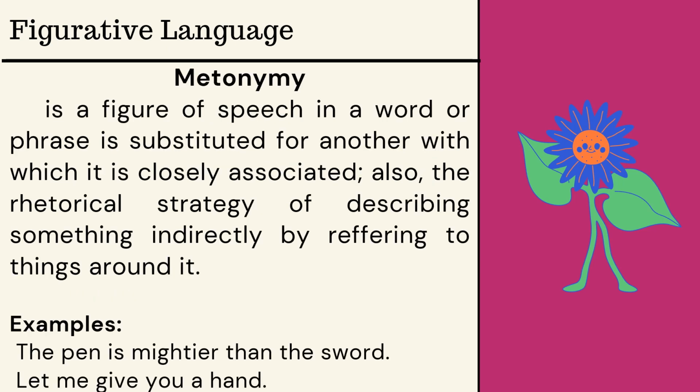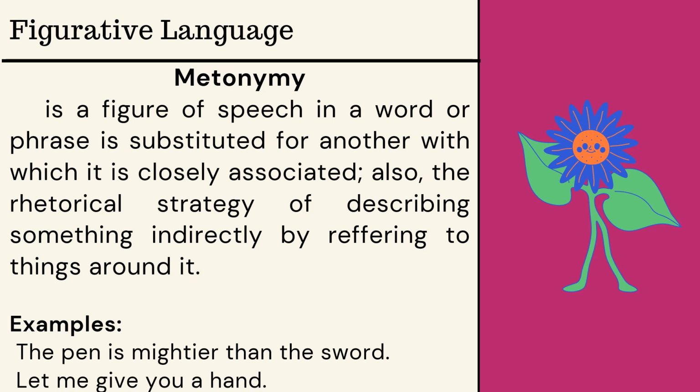Metonymy, on the other hand, is a figurative language, a figure of speech in which a word or phrase is substituted for another with which it is closely associated. The rhetorical strategy of describing something indirectly by referring to things around it. So metonymy is describing an idea, not directly, but just using words that could be associated to it.